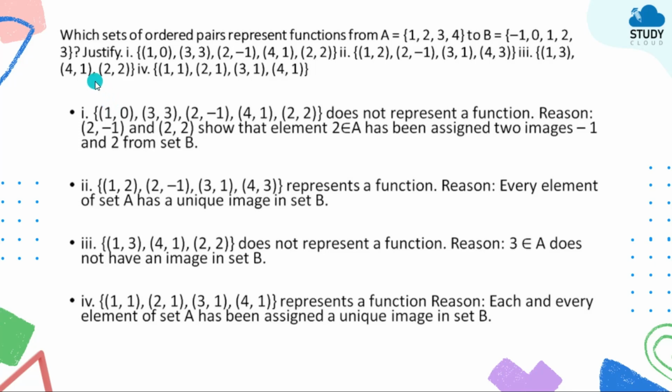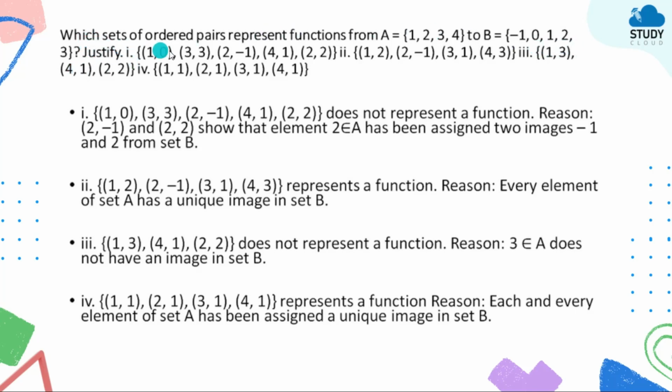Let us go through this example. Which sets of ordered pairs represent functions from A to B? The set A consists of the elements 1, 2, 3 and 4. Elements of B are -1, 0, 1, 2 and 3.